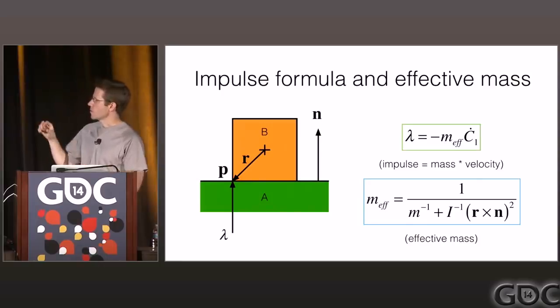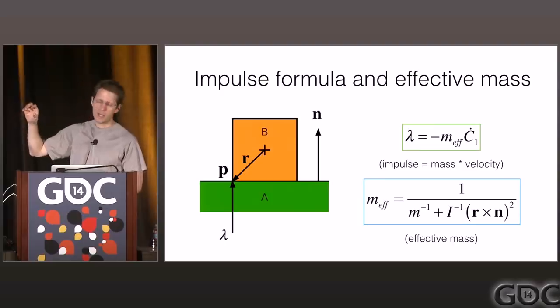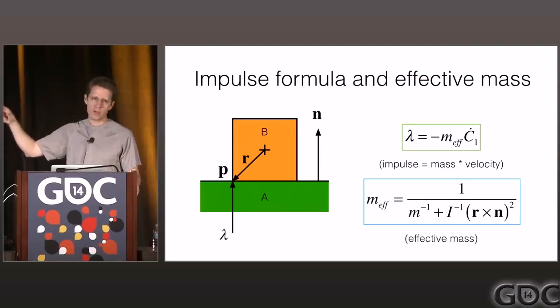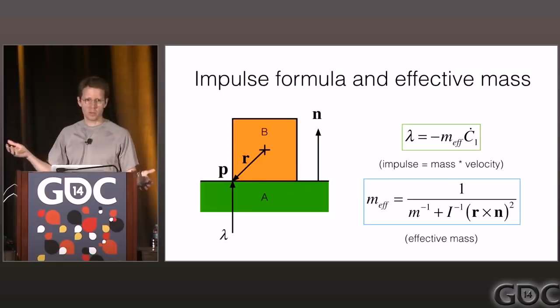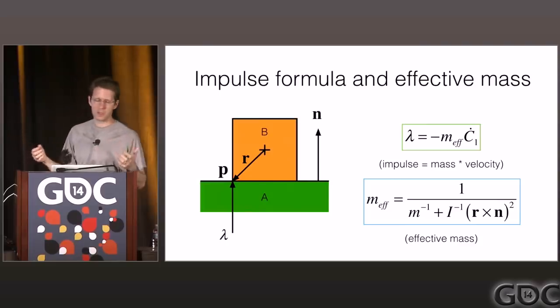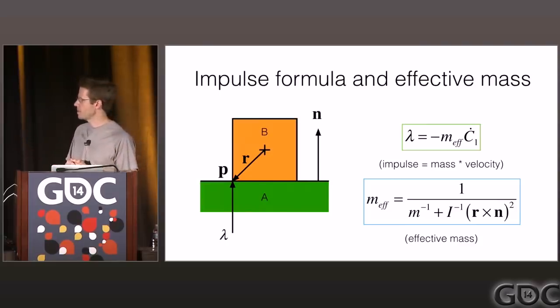So first I have this collection of terms which I'm calling the effective mass, and then that's multiplied by the initial velocity constraint. So if there was no error initially in the velocities, then I wouldn't need to apply any impulse. But if there is some error in the initial velocity, then I'm going to have some non-zero impulse that I need to apply.